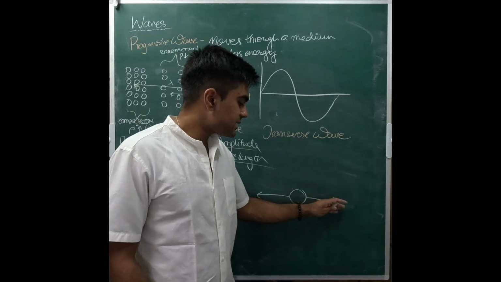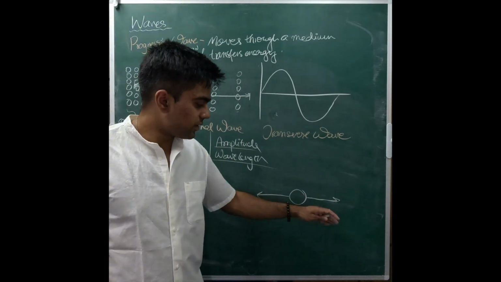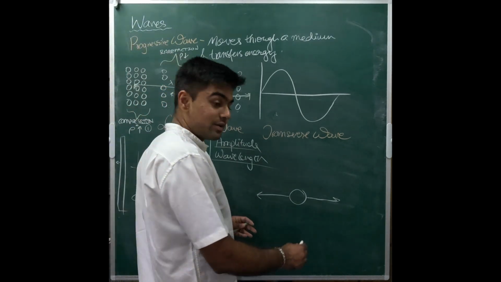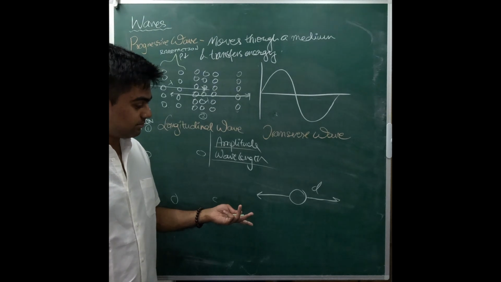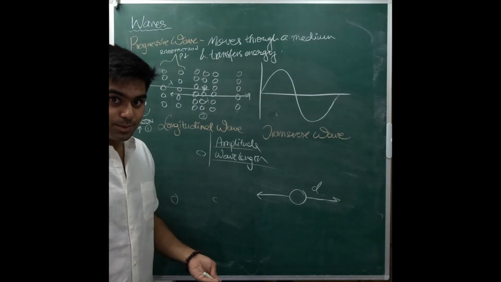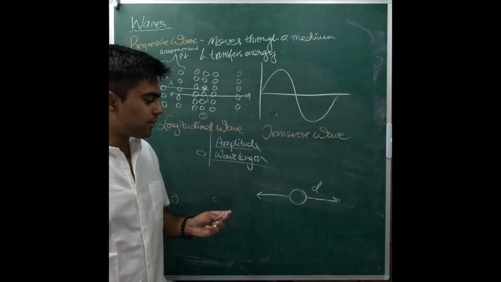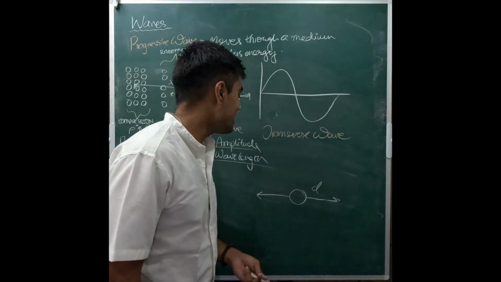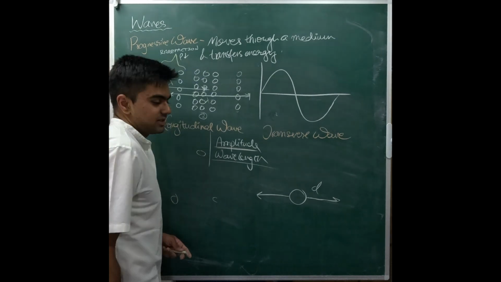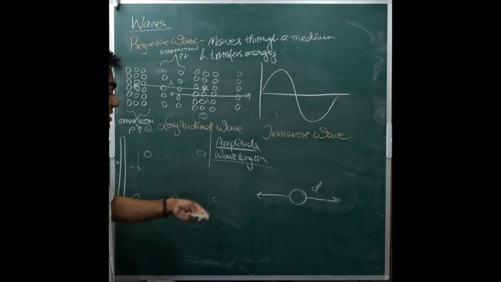The distance that this particle moves to the right or the left is known as displacement. We can represent that by a d. The maximum displacement, or the maximum amount that this particle will move in any one direction, is known as our amplitude. It's as simple as that.